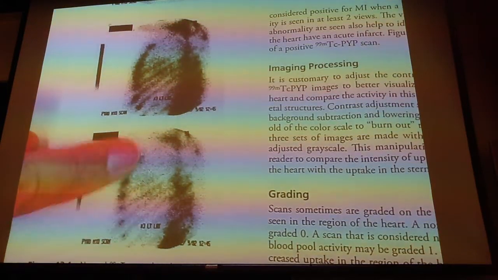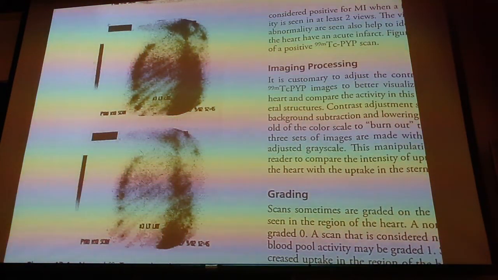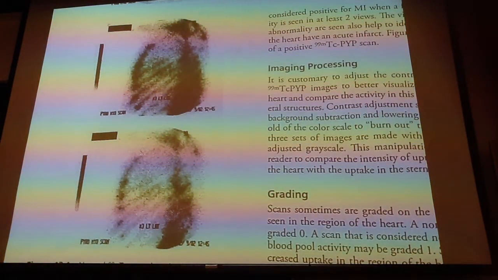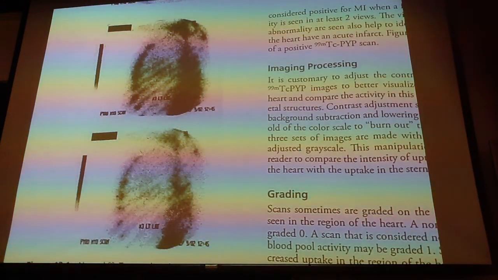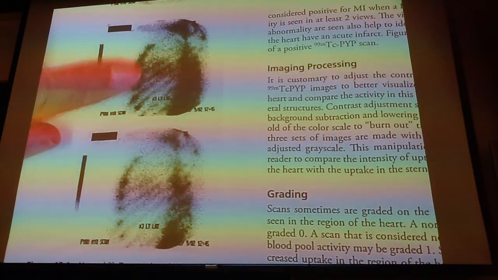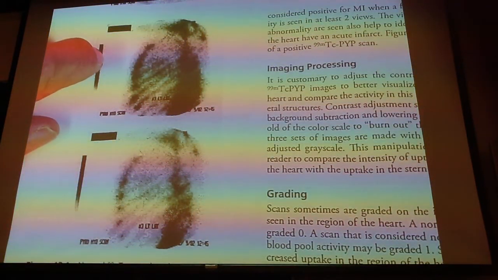Does that make sense? They normally have a grading system from 0 to +4. +4 means you definitely have an infarct. But again, they're just comparing the activity in the bone to the activity in the heart.